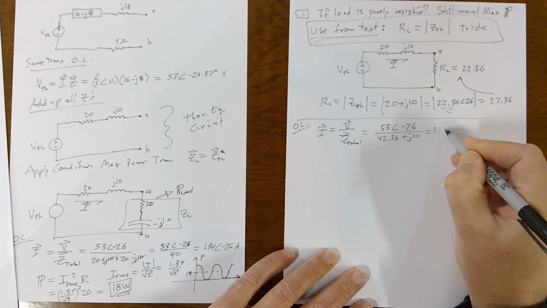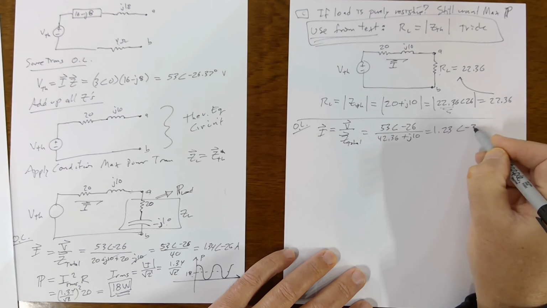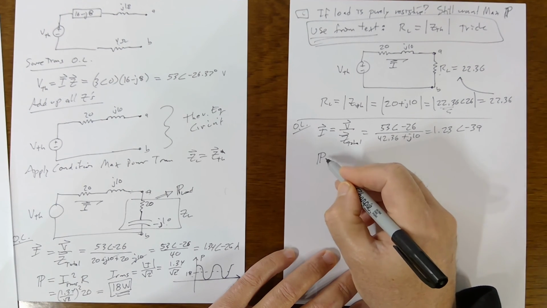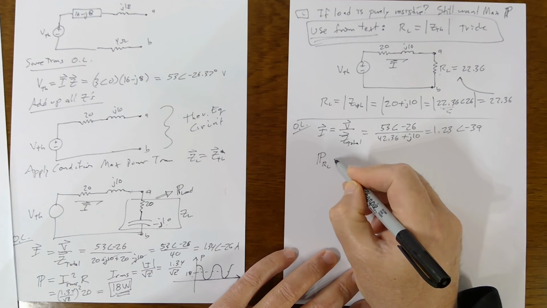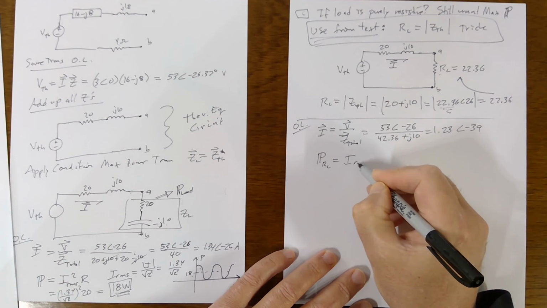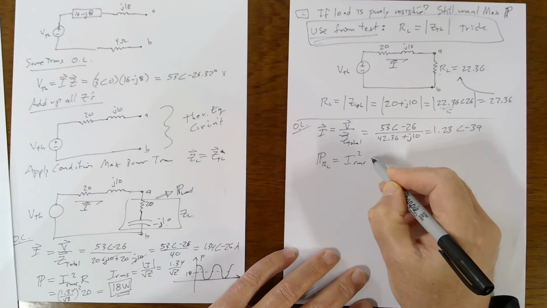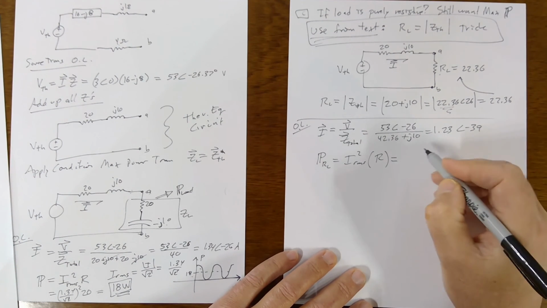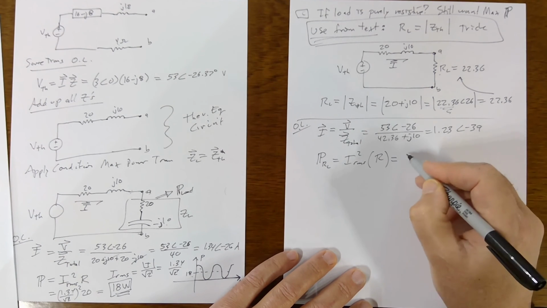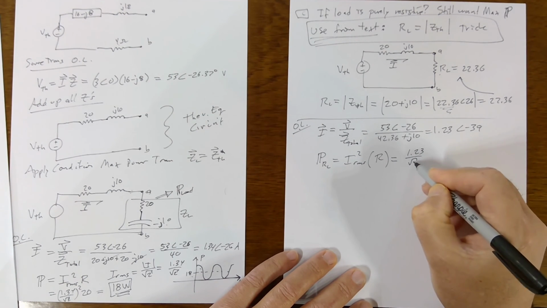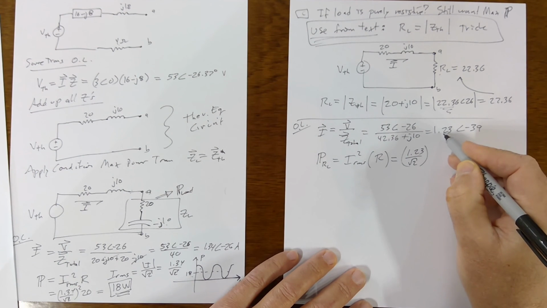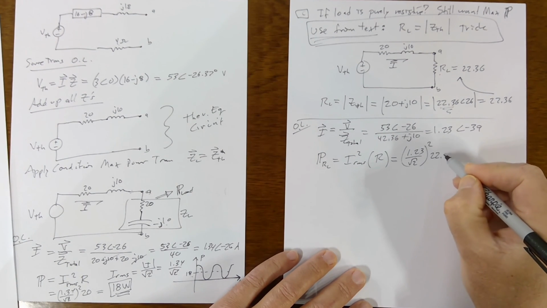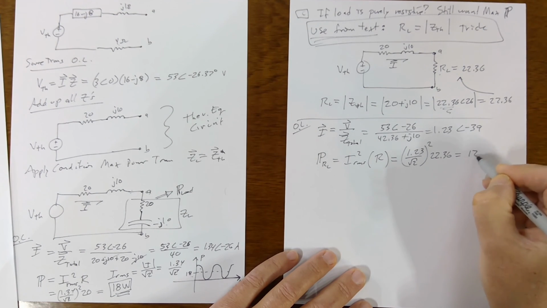So that works out to be 1.23 angle minus 39. And the power to R sub L, we have to use the I RMS. So it's going to be this peak value over root 2, converting peak I to I RMS, square that, times 22.36, is 17 watts.